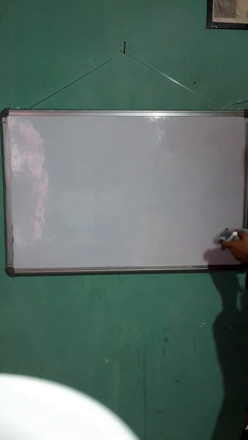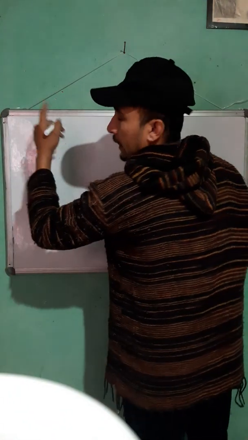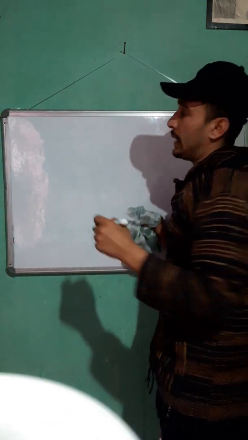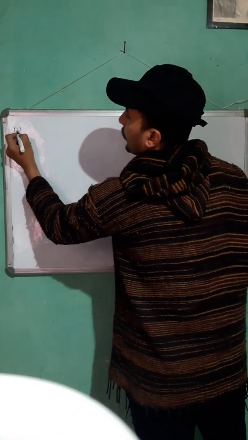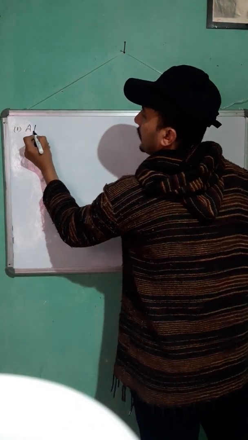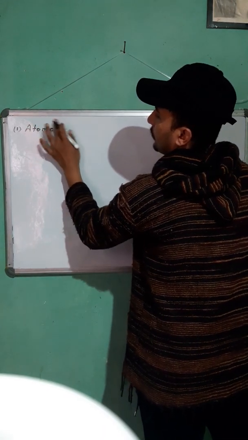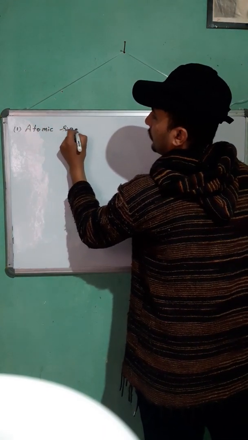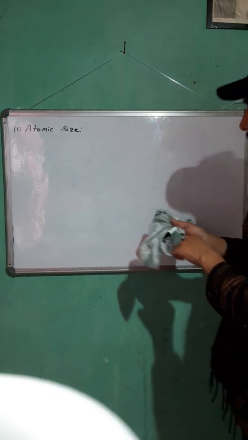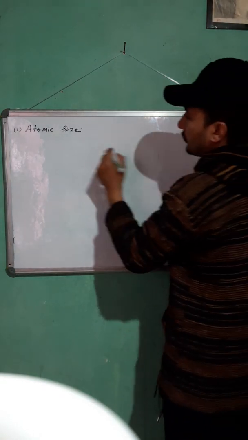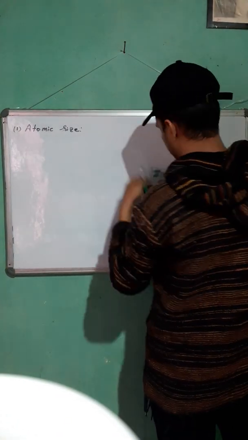So you can write the answers like this. Number 1, some periodic properties of an element are, number 1, what I said, atomic size. Variation in atomic size.